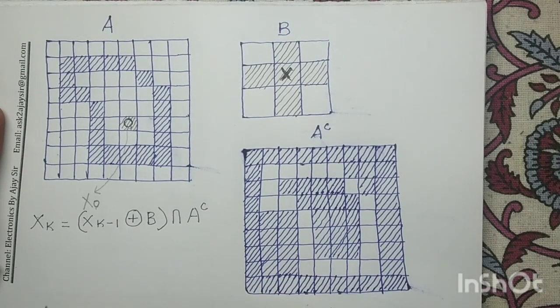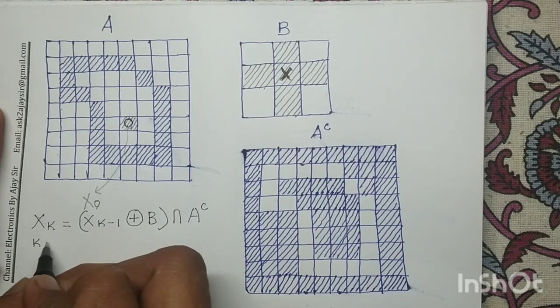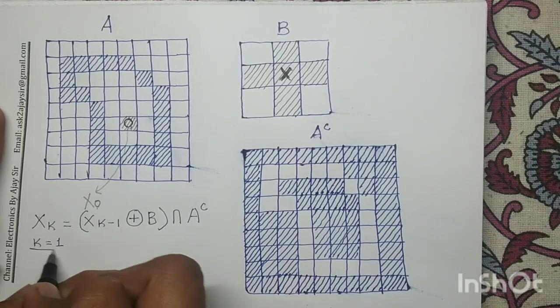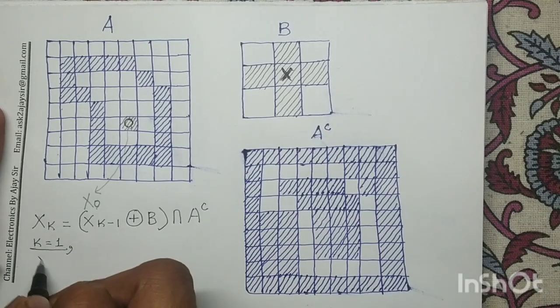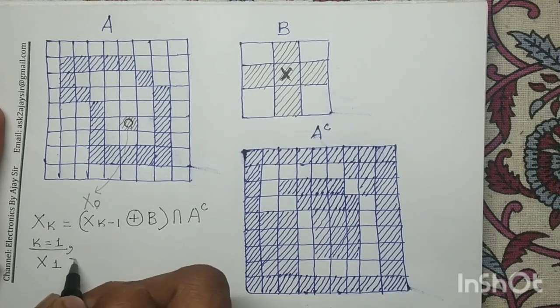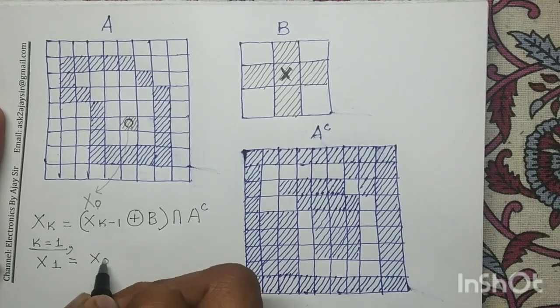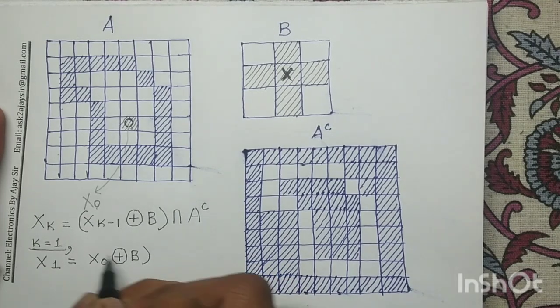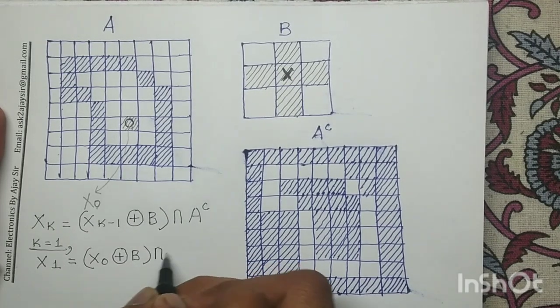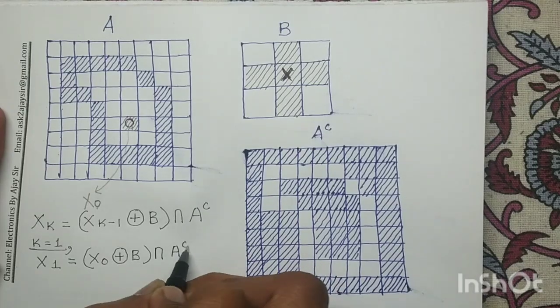So for the first iteration, we will substitute k equals 1. If you substitute k equals 1, this equation becomes x1 equals x0 dilation with B intersection with A complement.